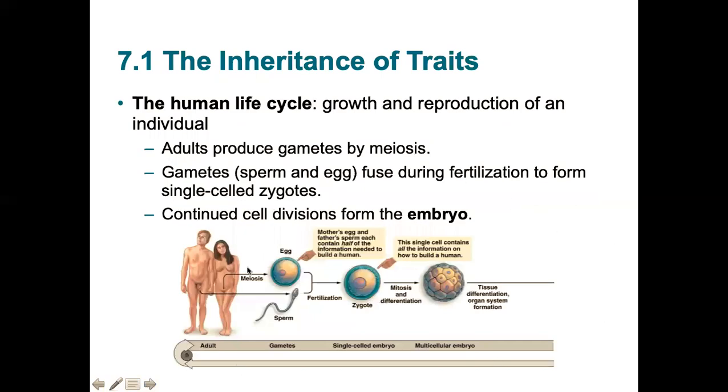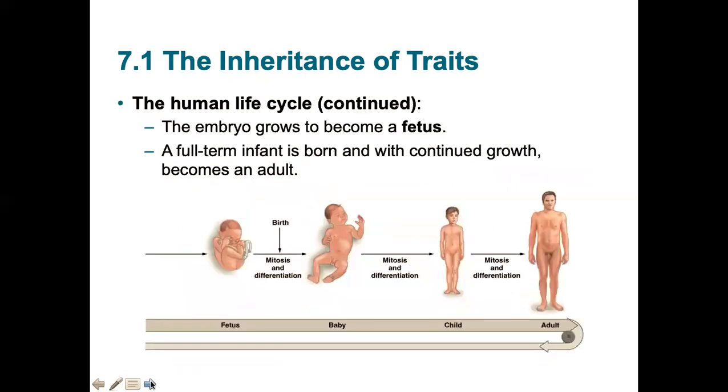So if you remember, humans reproduce through sexual reproduction, which means we produce gametes by meiosis, which is what we talked about in chapter 6. Gametes, sperm and the egg, fuse to make a zygote, and then that continues to divide into an embryo, and that eventually becomes a fetus and a full-grown adult.